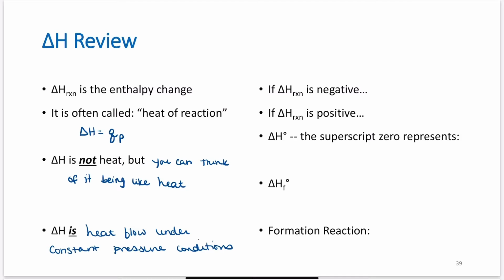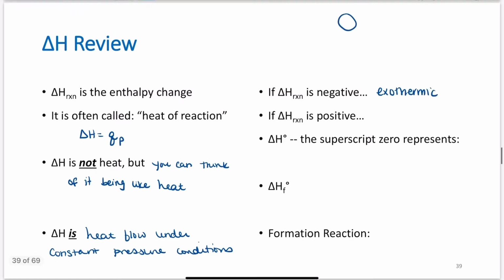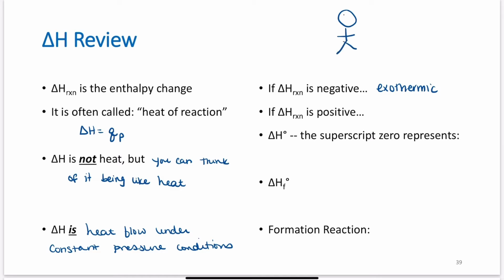So if delta H of a reaction is negative, what does that mean? If delta H of a reaction is positive, what does that mean? Well, delta H for a reaction being negative, we call that exothermic. That means if we make our little person, our little system, that heat has left. The system has lost heat to the surroundings.